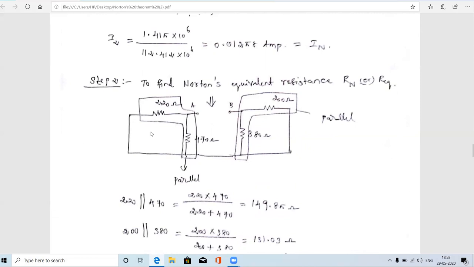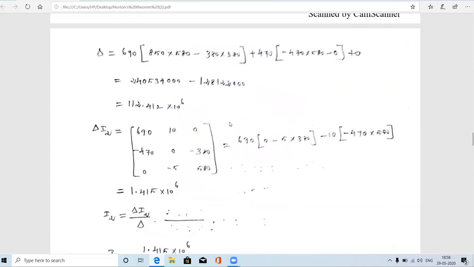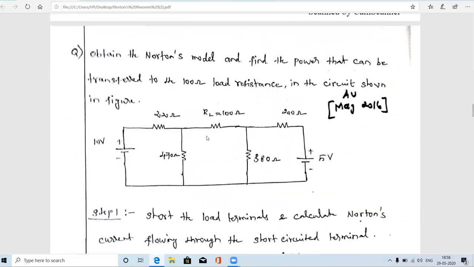And step number 2. So what is step number 2? We have to find Norton's equivalent resistance, RN or R equivalent. In the calculation of RN, first we have to open circuit the load. This is the given circuit.